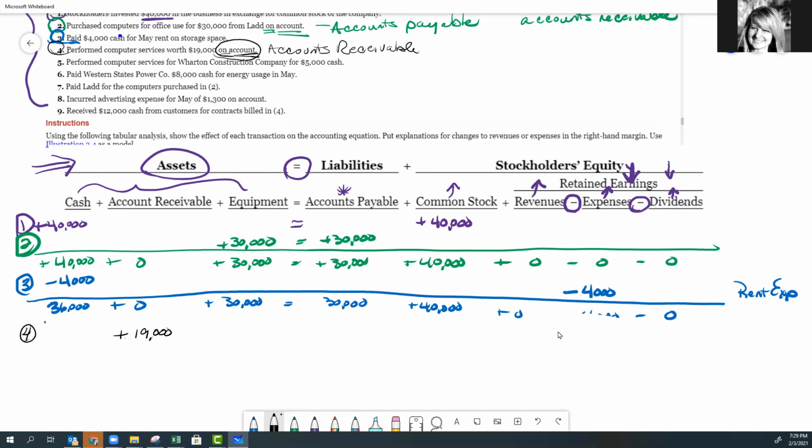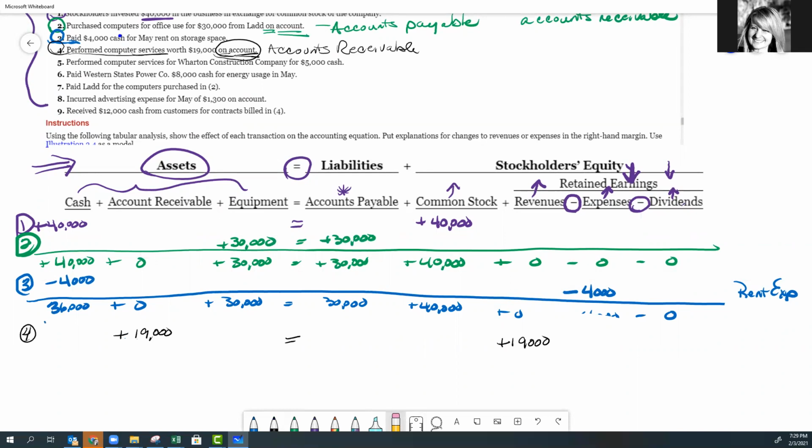And the reason that happened was because we performed services. And if we perform services, then we have revenue over here. And revenues, when they go up, they make stockholders' equity go up. So we're going to add 19,000 and we now balance.